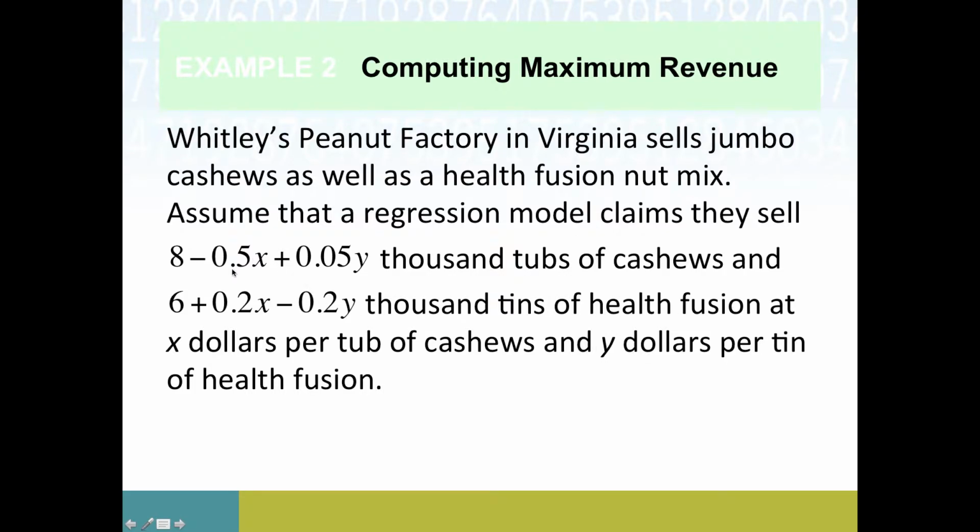So you can sort of see that certainly the demand for the cashews goes down as its price increases, and as the health mix gets more expensive, the cashews get a little more popular. And then the reverse is true for the health fusion mix.